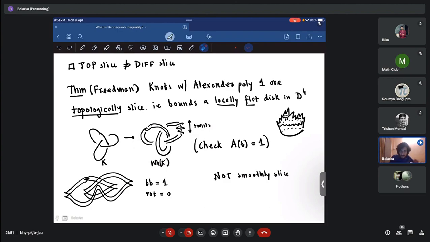I would like to show you that some Whitehead doubles are not smoothly slice, and that you can prove using the slice-Bennequin inequality. So here is my attempt at drawing a Legendrian Whitehead double. I have chosen the Legendrian knot diagram of the trefoil, and I've taken a slight copy of it, a double of it, by just pushing it in the z direction a little bit.